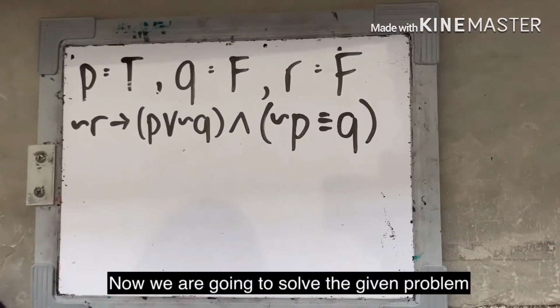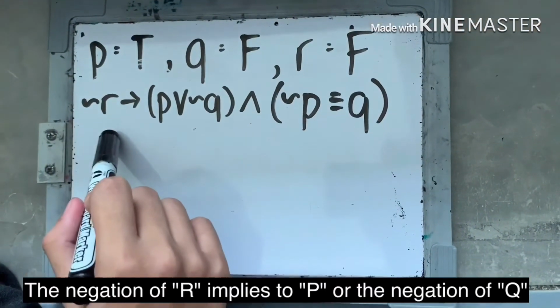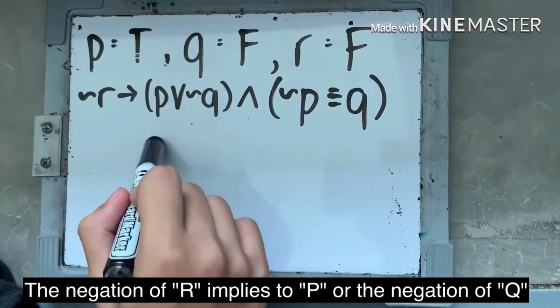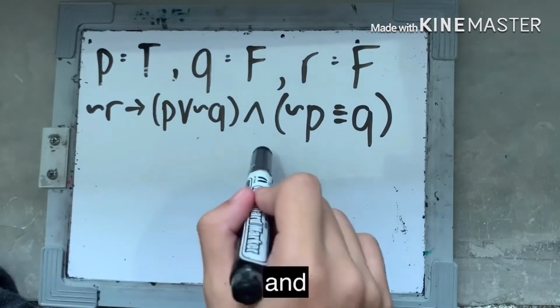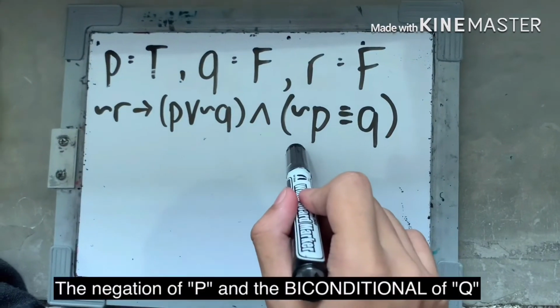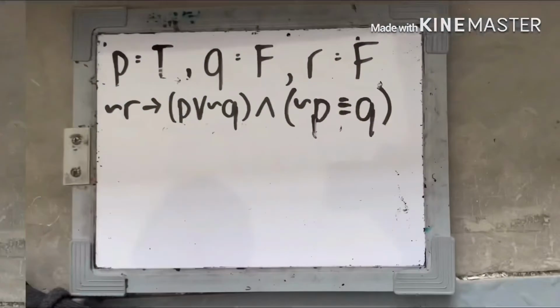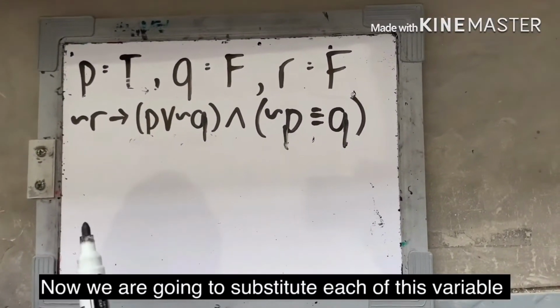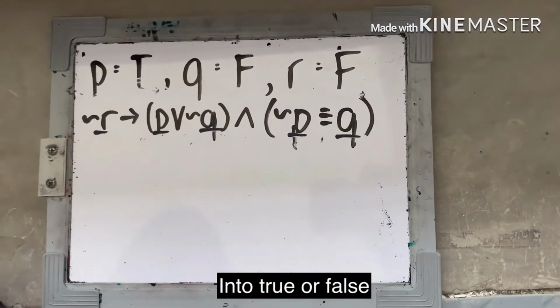Now we are going to solve the given problem. The negation of R implies P, or the negation of Q, and the negation of P biconditional Q. Now we are going to substitute each of these variables into true or false.